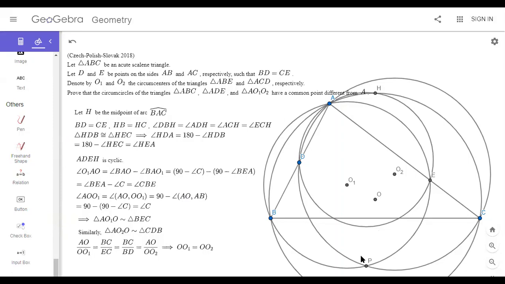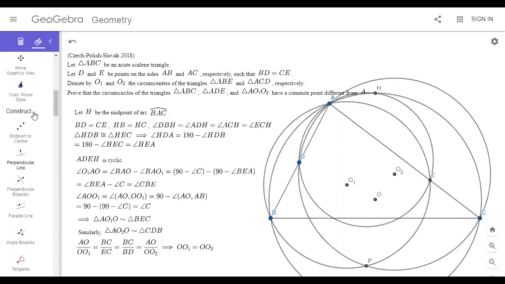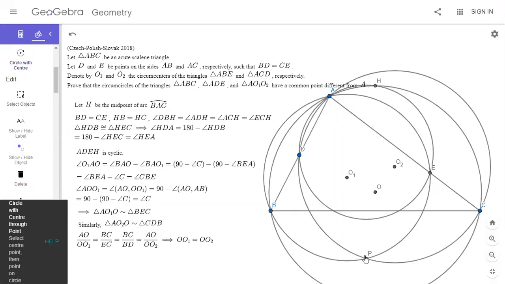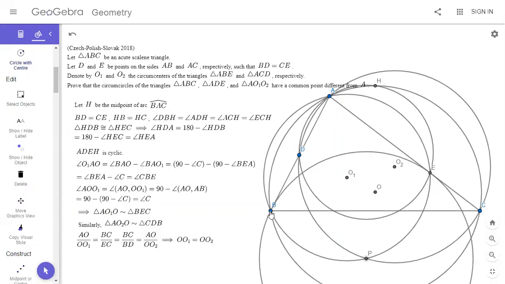The congruency PDB equals PEC implies this. Let's see. I'm just thinking the best way to prove that congruency, probably by angle side angle, right?